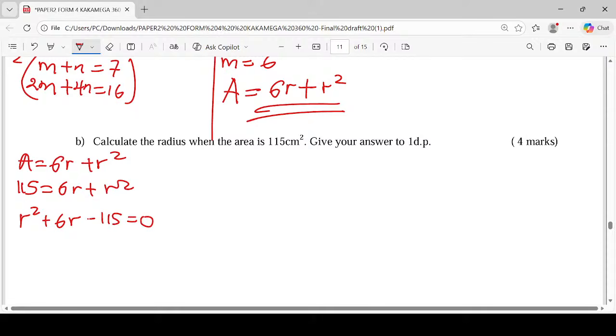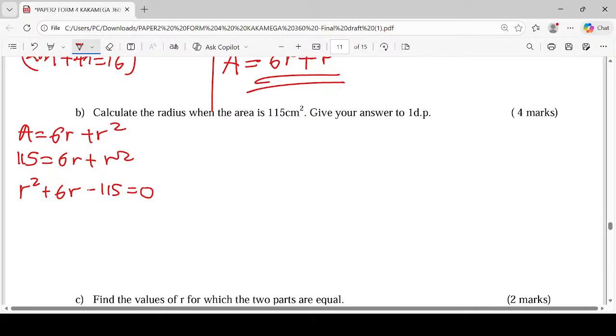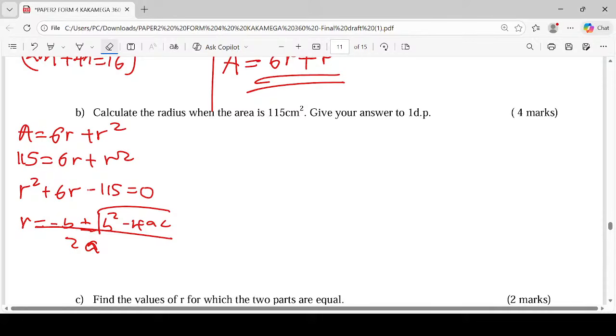Then I use the quadratic formula to work it out. r will be given by minus b plus or minus the root of b squared minus 4ac, all divided by 2a.